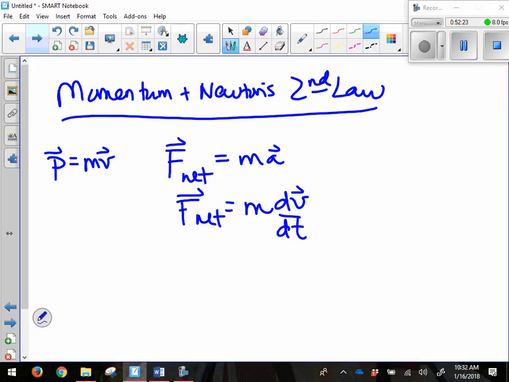So if I go back to my equation for momentum and take the derivative of both sides, I've got dp dt is going to be m times dv dt. Technically my mass could change, but that's just not really something that happens, so we're not really going to worry about it.